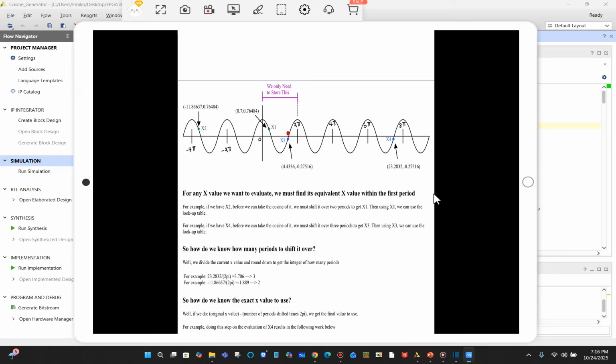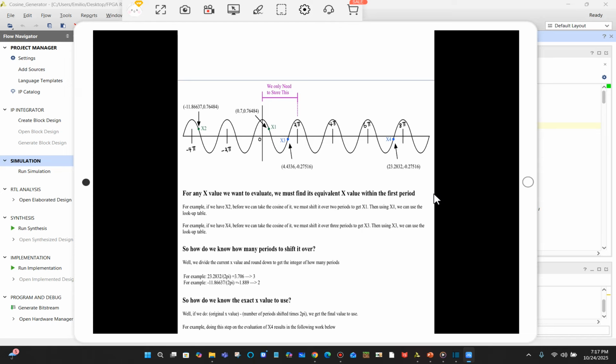Same thing if it's here at x3. It's going to take that x value, know this x value corresponds to this y value, and output that y value. But you might be wondering, can we just store all of these values? In theory, you technically could store all x values and have all y values in a table, but that's extremely inefficient. That will require way too much memory.